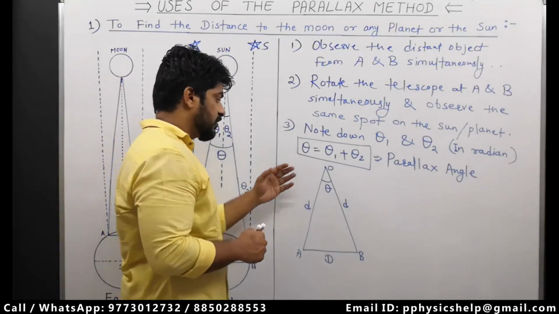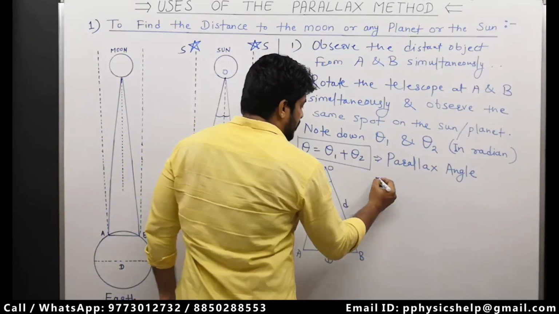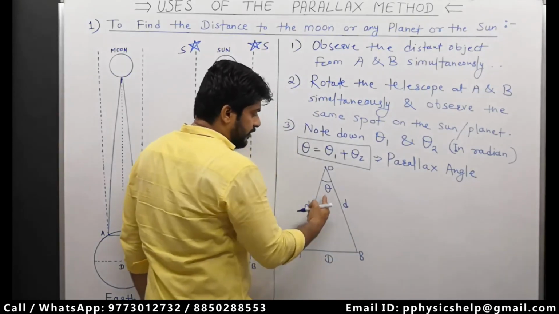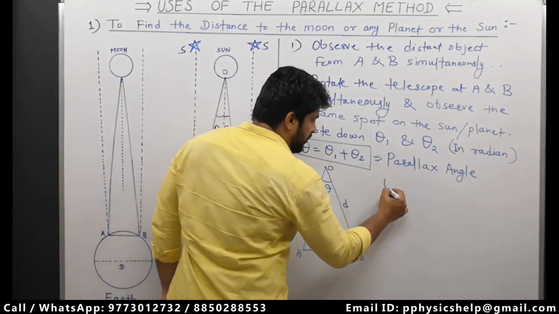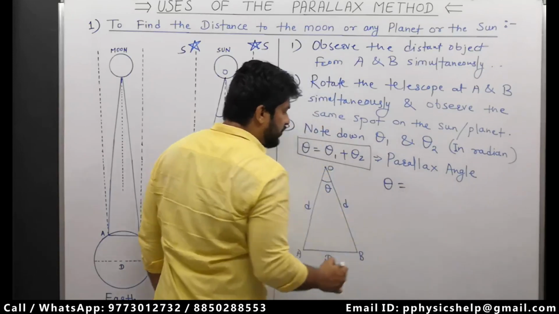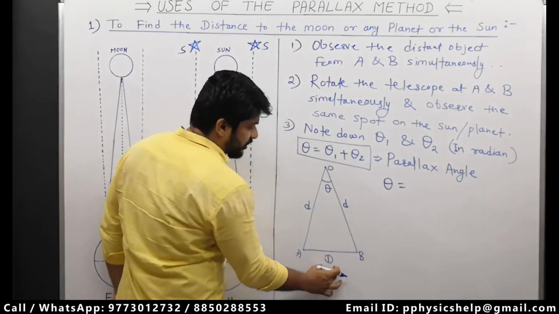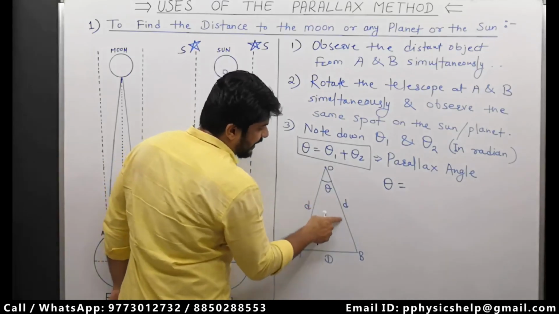Anyways, now using the definition of plane angle. We know the definition of plane angle. This is a plane angle. Theta is going to be equal to this opposite upon this adjacent.